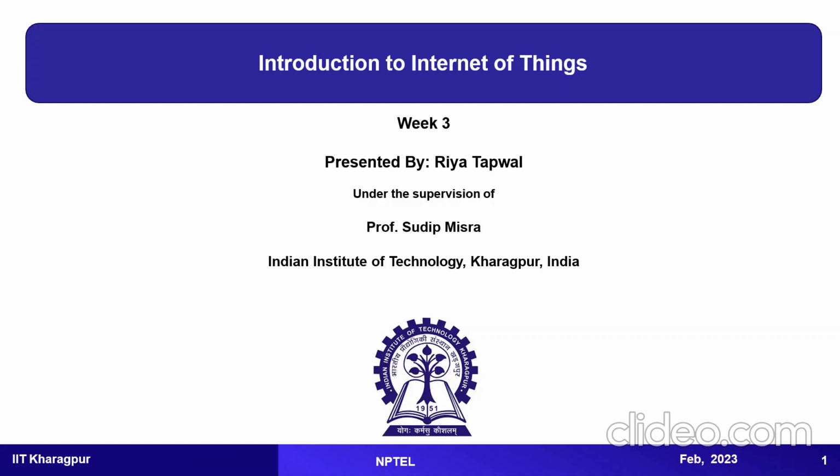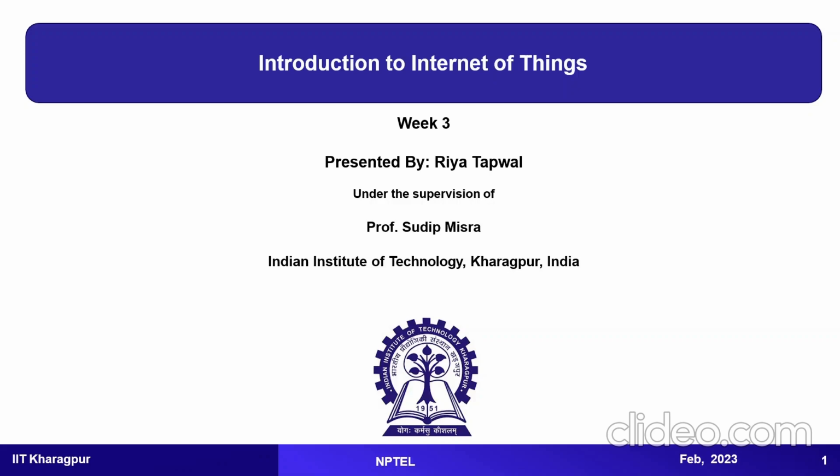HART stands for Highway Addressable Remote Transducer, and it is a standard which was developed for networking smart field devices. Wireless HART is the latest release of the HART protocol, and it was made in order to make the implementation of HART cheaper and easier.